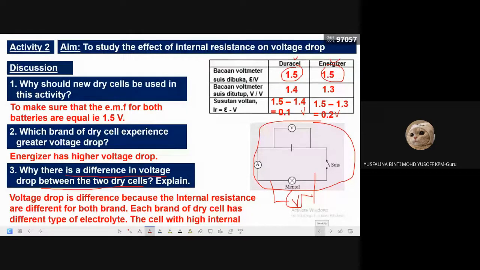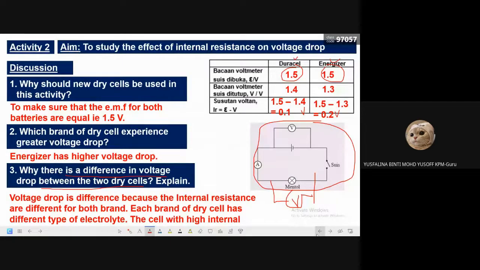So what happens when the voltage drops? The voltage drop means there is energy being used, right? Energy is lost. So why is the energy lost? It is lost because of the moving charges in the electrolyte. In order for the negative charge and the positive charge to move to the anode and the cathode, they need energy, right?